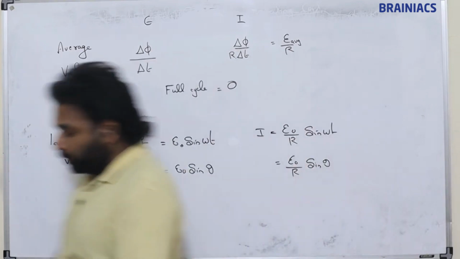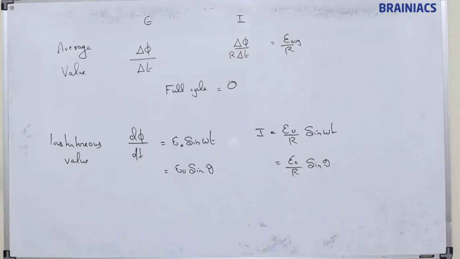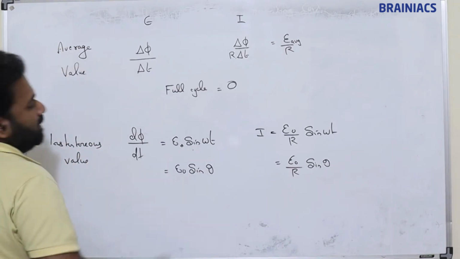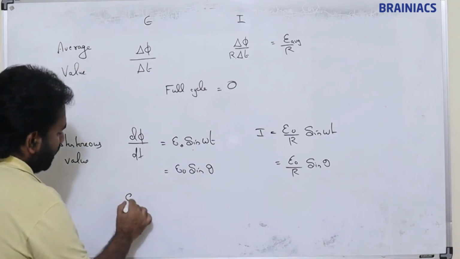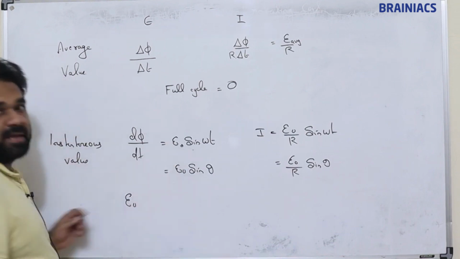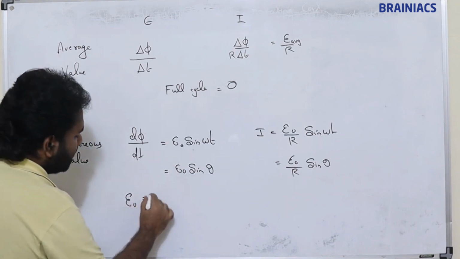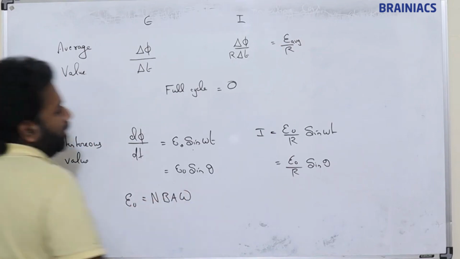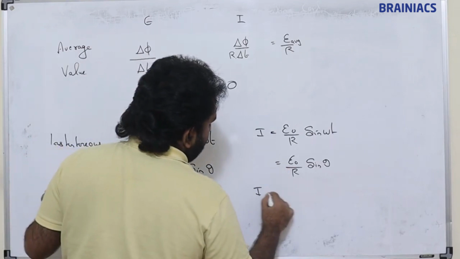Okay, so we will do a problem on this. One thing which we need to understand here is, what kind of signal is this? Sinusoidal signal. And this maximum value of E naught, what is that? NBA omega. So here we can write one more thing.